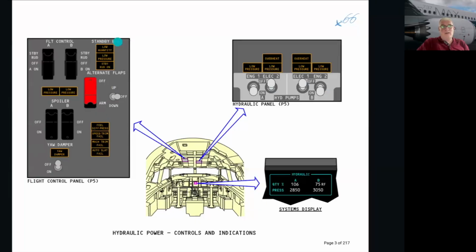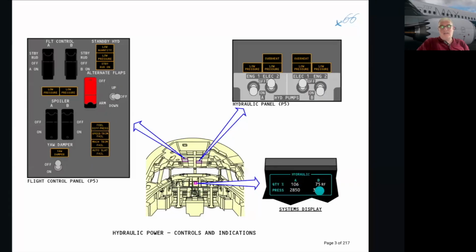If the standby hydraulic is low quantity or low pressure, or the standby rudder is on, the pilot has to be notified by an amber light, because that's bad news.